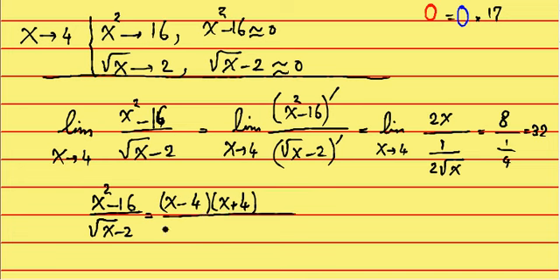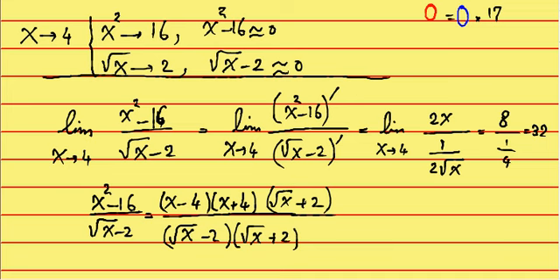Denominator, you take it, multiply by your conjugate, since you are multiplying by the conjugate, you better multiply with the same thing in the numerator, multiply with radical x plus 2.